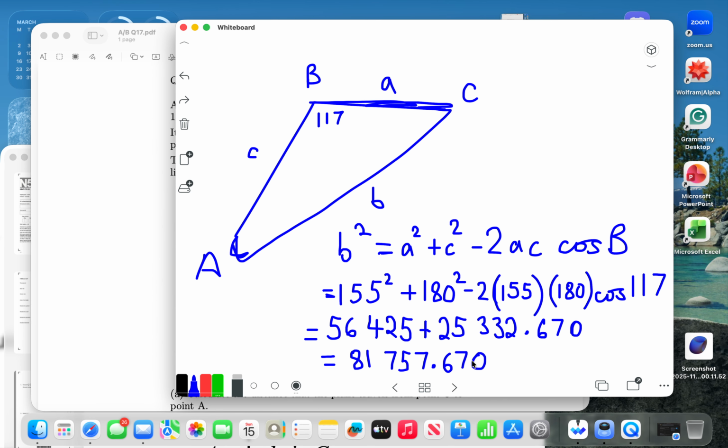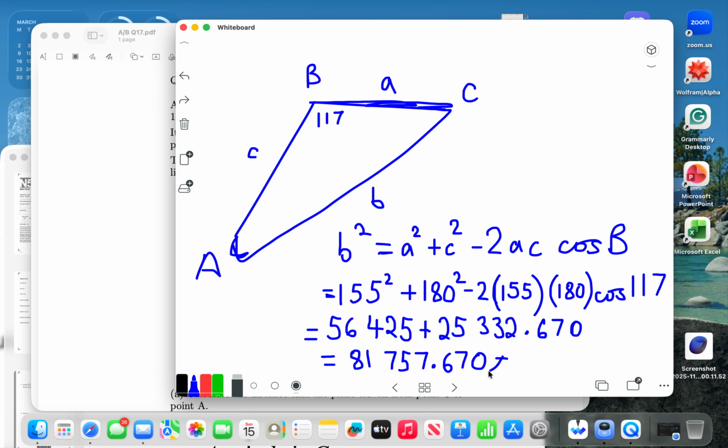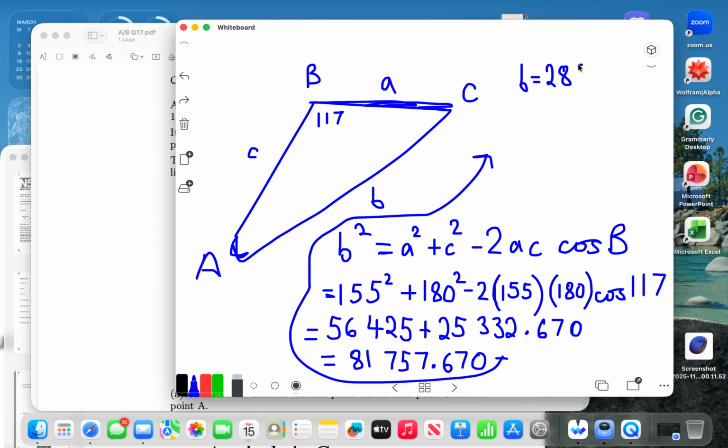We take the square root of that and we get 285.9330.